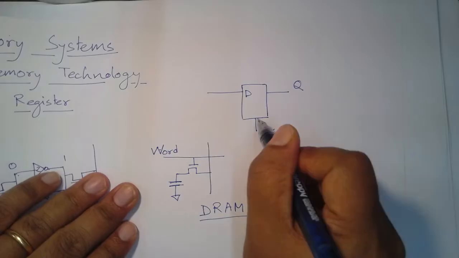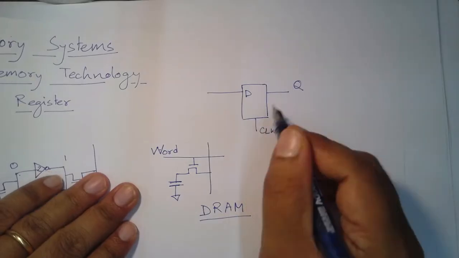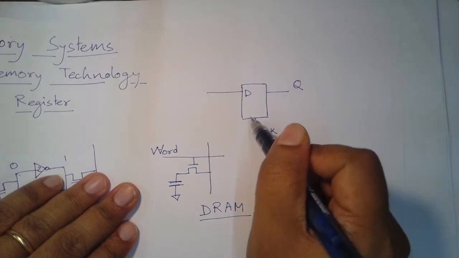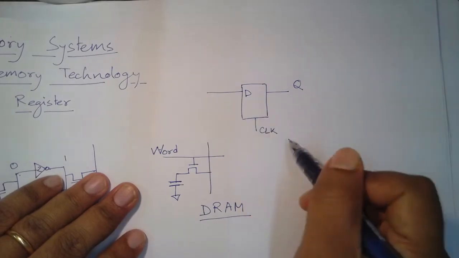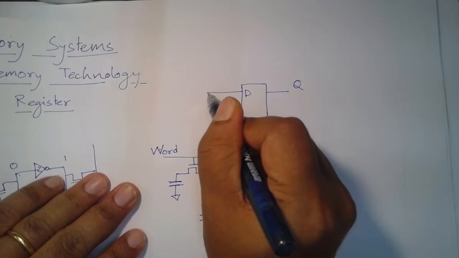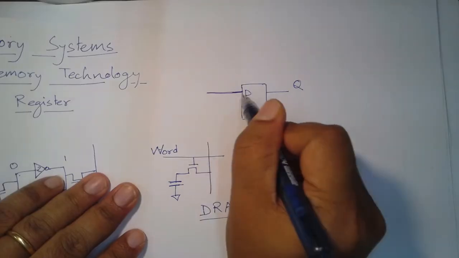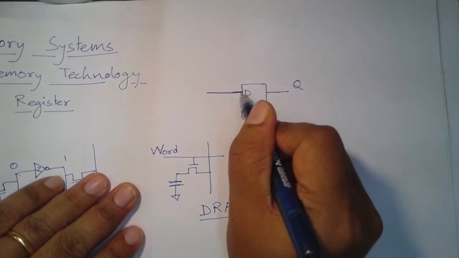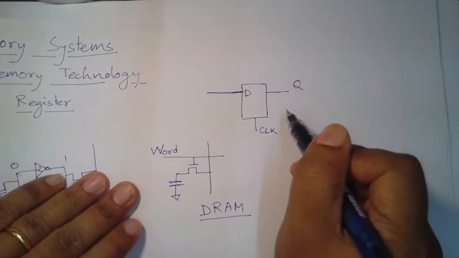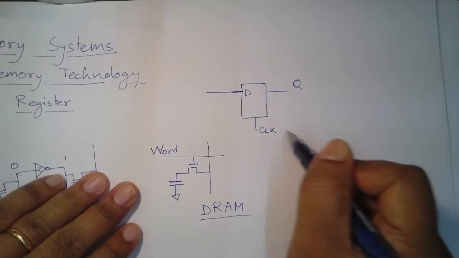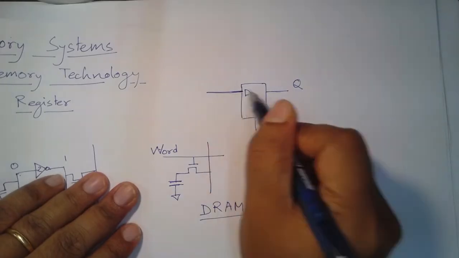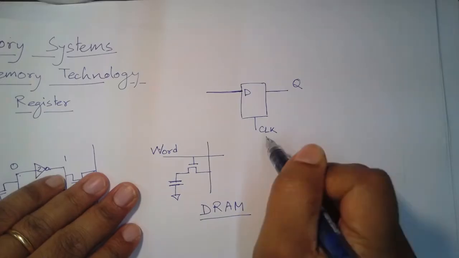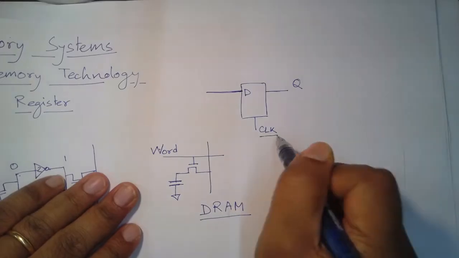Now, how does it work? If it is positive level triggered, whenever the clock is high, D becomes transparent to Q, as if the input and output are connected together. If the clock is high, whatever changes happen in D will get reflected in Q. And what happens if the clock is low?